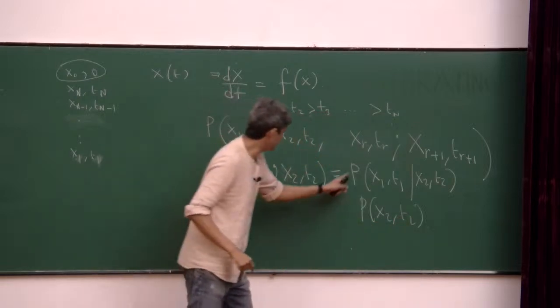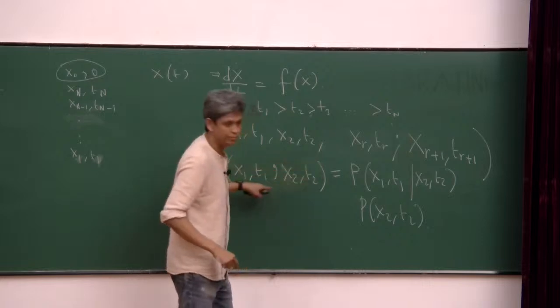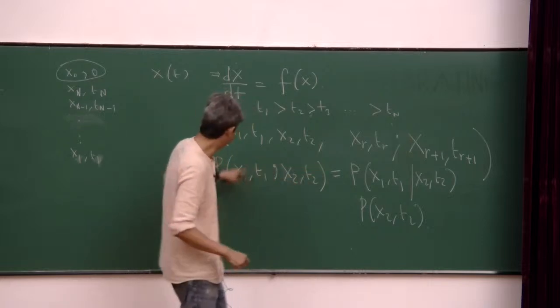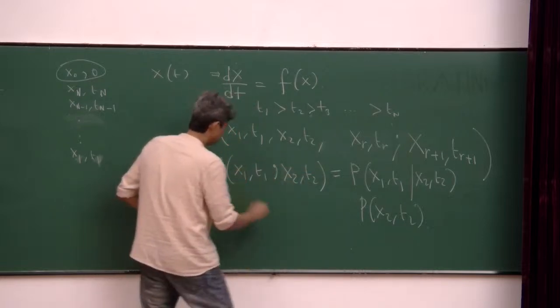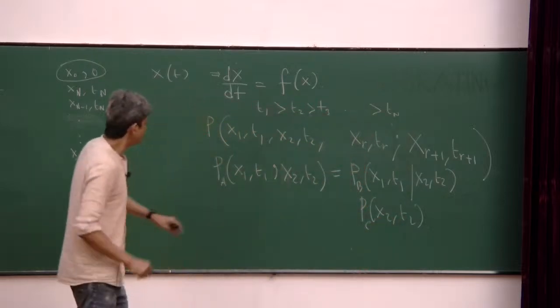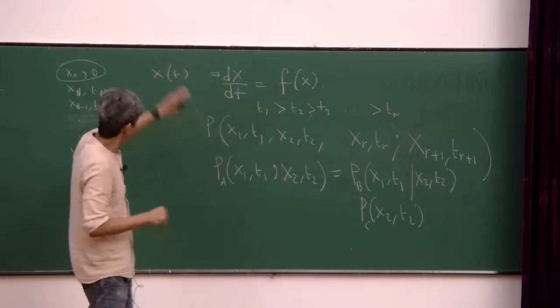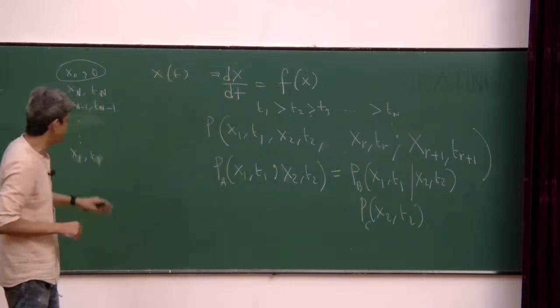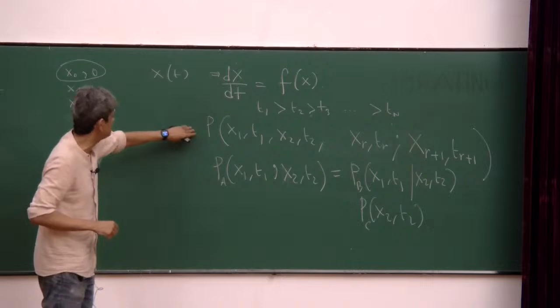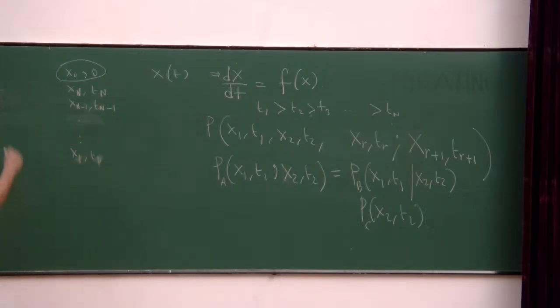By the way, I am using the same notation for these probabilities. These are different probabilities for each of these. In principle, you can use different notations. Using this, and again, I will not go into the derivation, one can write down a differential equation for the time evolution of the probability. This is very important, because that will tell you how this system probabilistically evolves over time.